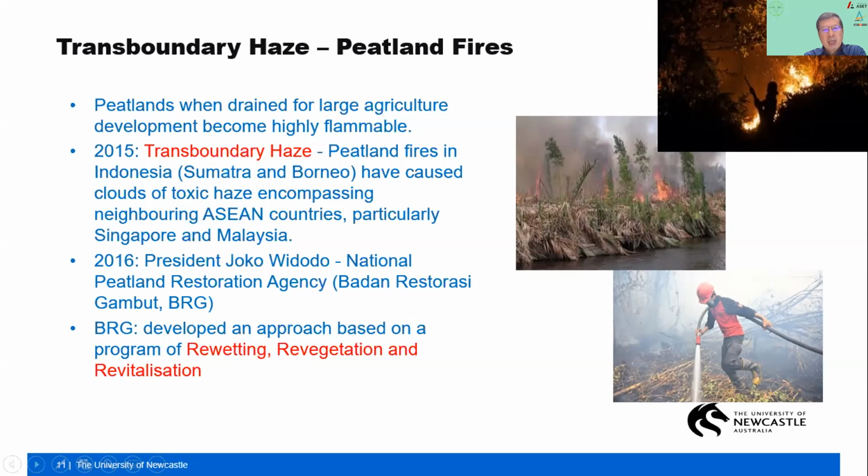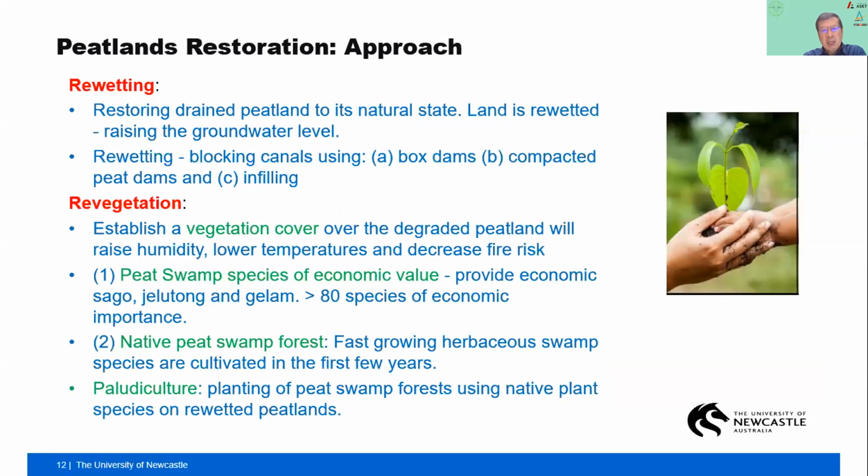So what are they? Re-wetting, basically, because the peatland is drained, it is dry. So we need to restore the drained peatland to its natural state, right? Peatland is very wet, almost like a wetland, and it's underwater, with very high water tables. Because it is drained to put in crops for agriculture, we need to re-wet them by doing all kinds of canal blockings.